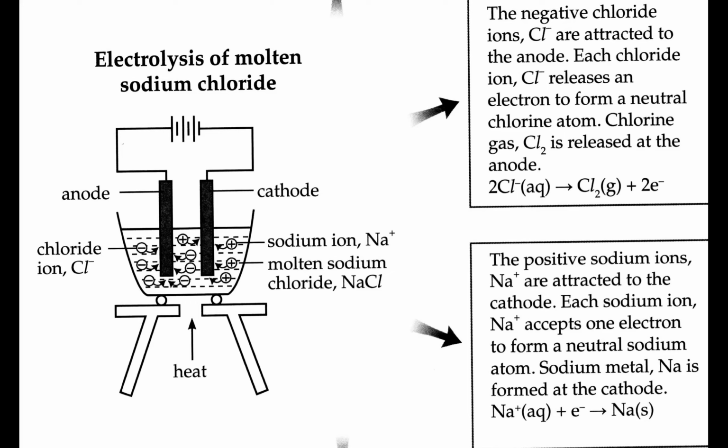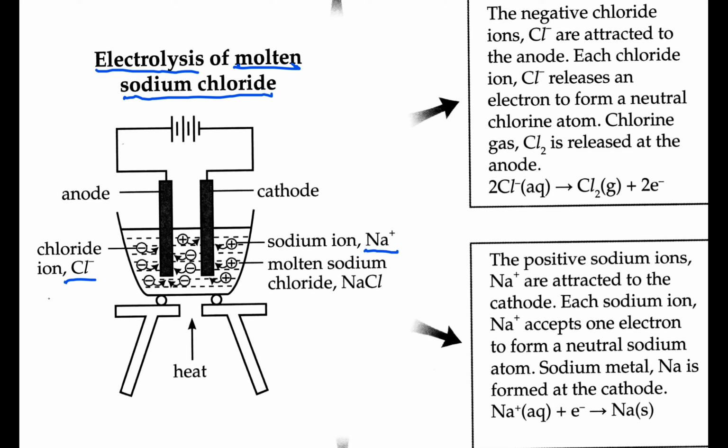Let's examine the electrolysis of molten sodium chloride. In the electrolyte, there are only 2 ions, the negative chloride ions and the positive sodium ions.